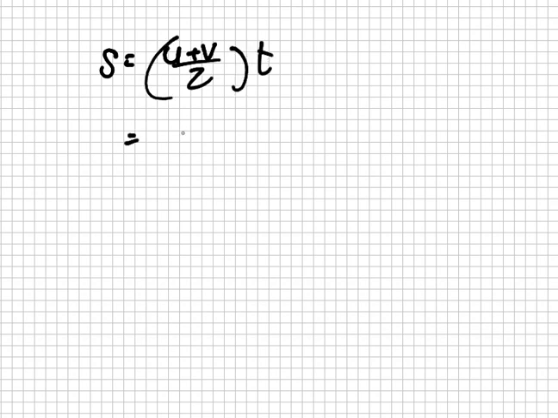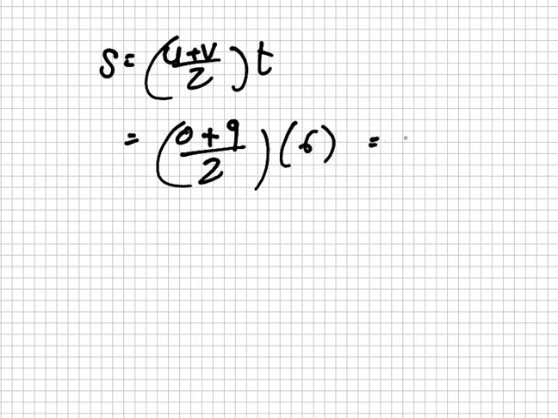What was the U? 0. The V? 9, wasn't it? Yeah, I'm doing the first one, 27. Okay, and the next part was the acceleration. I can use this formula.